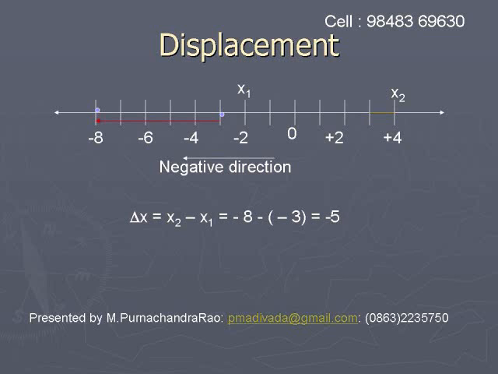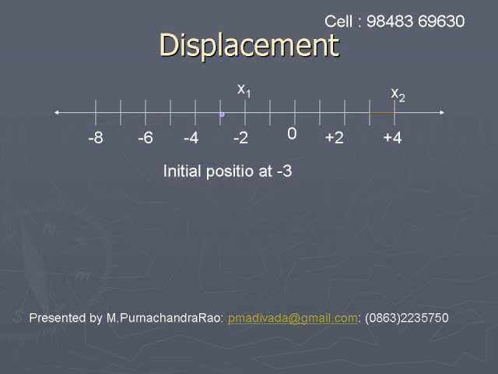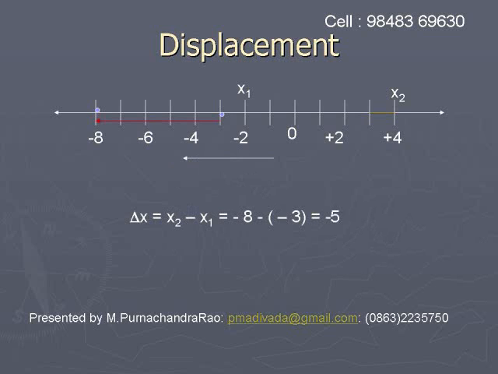Suppose another body moves from -3 to -8. So x1 is -3 and x2 is -8. Therefore, the displacement of the body is x2 minus x1, that is -8 minus (-3), which is equal to -5.